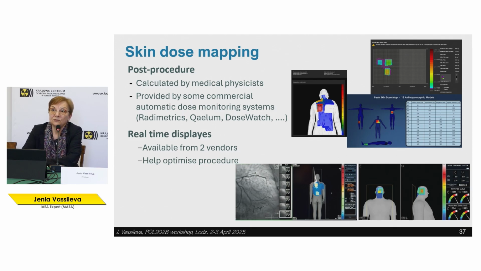And two vendors already provide real-time display, so it's almost real-time. In the room, there is a display showing the skin map with colors, and the interventionalist or someone else from the staff can monitor this and inform.